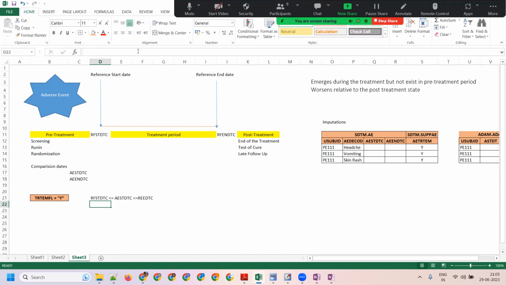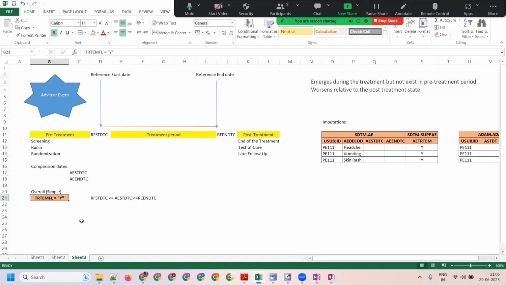Can I simply call this particular one your flag? All of you accept that? If my adverse event started any time between my RFSTDTC and RFENDTC, I can simply call that a treatment emergent flag. Yes or no? Team, is this correct or not? Simple, straightforward. Overall, in a simple manner, this is the answer.